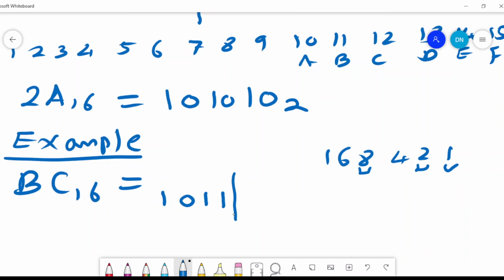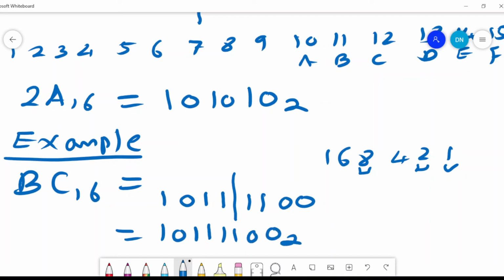That is for B. And C is 12. What gives me 12? It's 8 and 4. It's 1, 1 and the others are 0. So the binary equivalent of BC is that. So now we have been able to move from hexadecimal to the binary number equivalent.